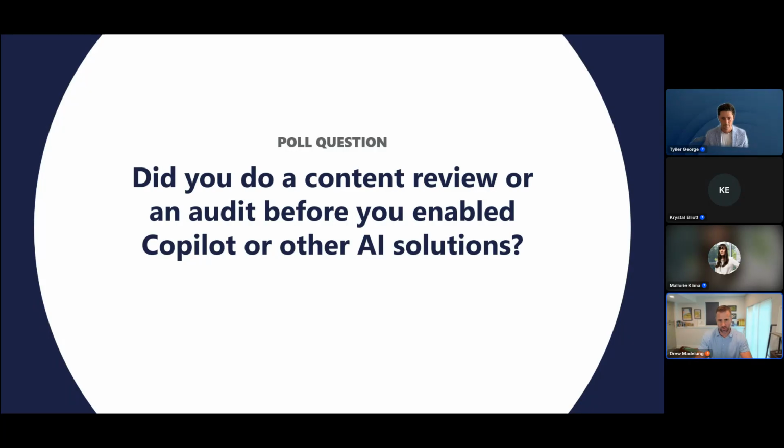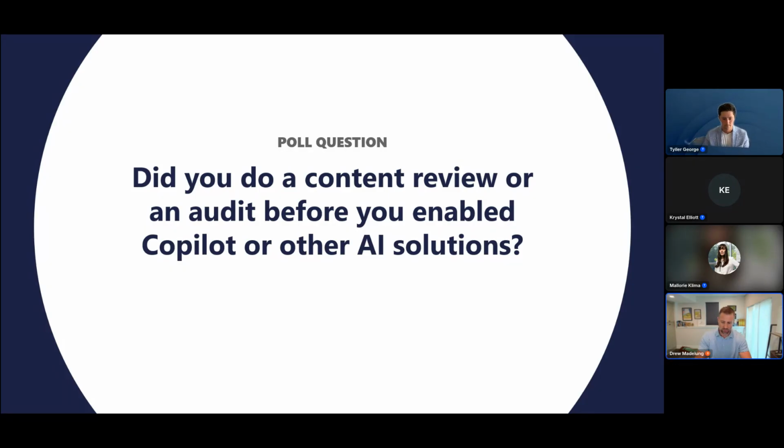Normally you have a large content corpus, and there's no way any human, and even AI at this point, is going to sift and find everything that is unique or important. So we look at a content review to say, is there anything glaring? Is there any red flag? Is there any crown jewel that is going to cause a problem or concern that we need to go look at?